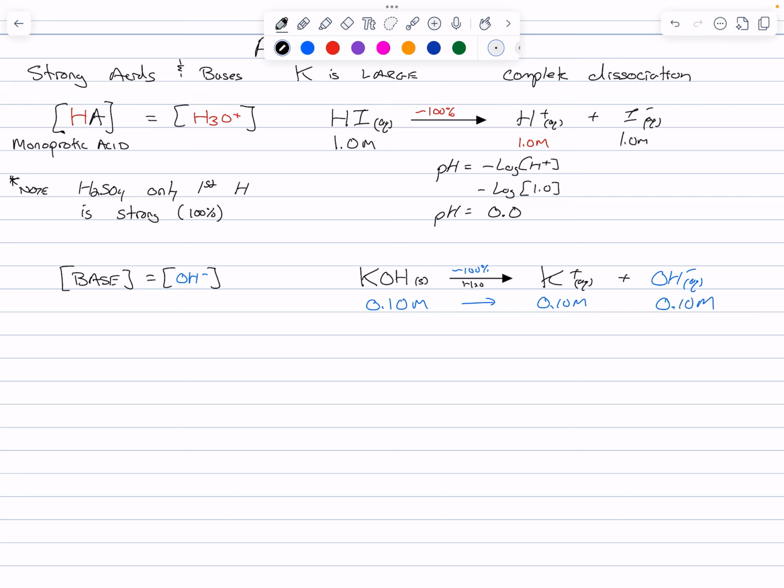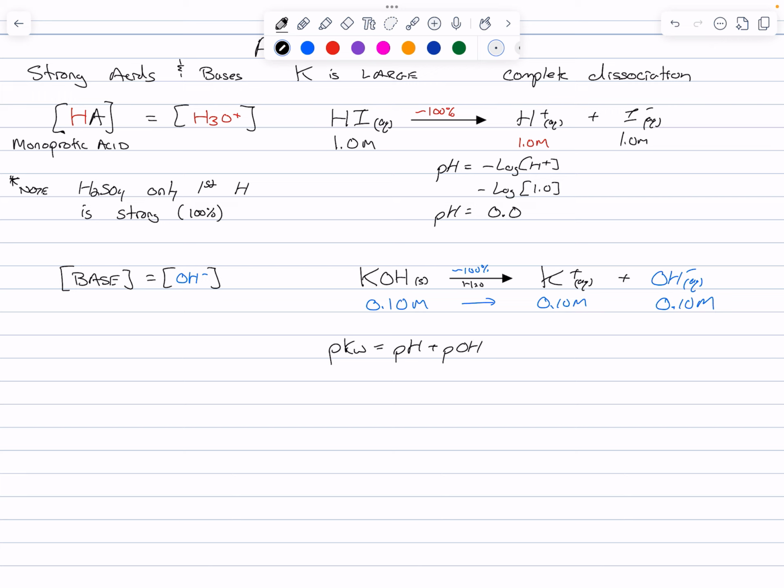So now, how do you calculate the pH here? Because we don't have H3O plus. Two ways. Option 1: pKw equals pH plus pOH, right?